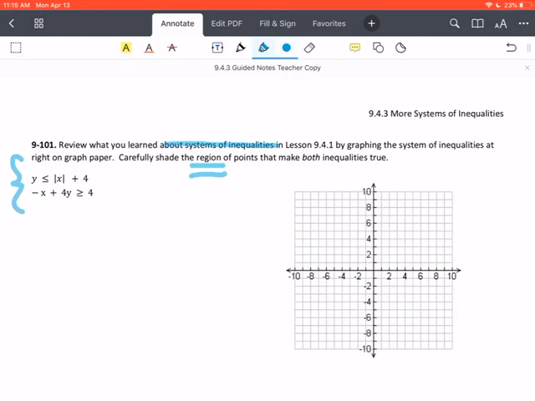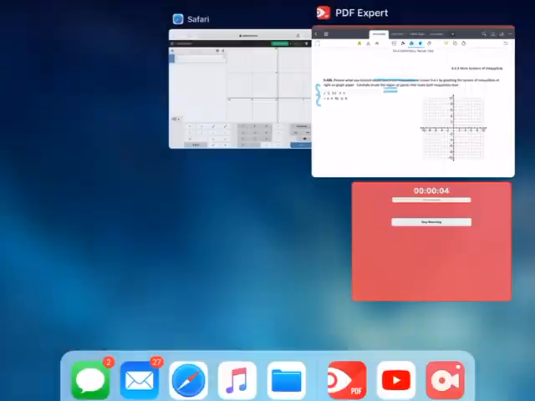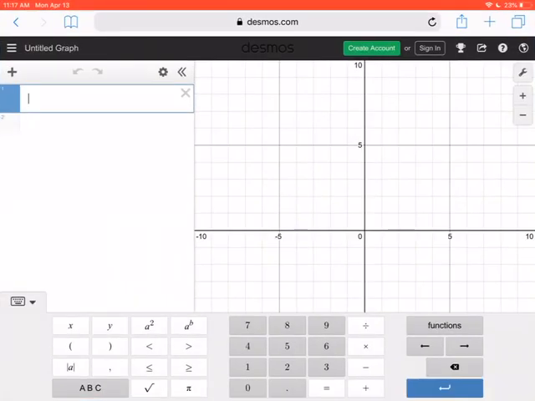Now I know we are not experts at absolute value graphing, so that is where I want to refresh your knowledge of graphing calculators and Desmos. So those of you that the download didn't work for the graphing calculator, maybe need a little review of Desmos.com. If you come across a graph that you don't know, I am going to type in y equals, and look at the absolute value.